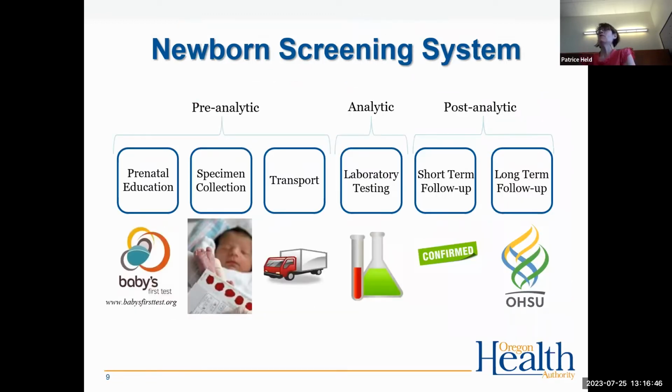I think one of my most valuable lessons that I learned about newborn screening very early on was that newborn screening isn't just the laboratory test. It isn't just that bacterial inhibition assay that Dr. Guthrie designed years ago, but really newborn screening is an entire system, and each step within the system is critical and necessary in order to achieve a successful public health program.